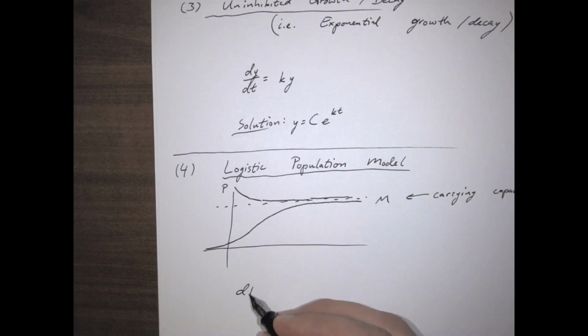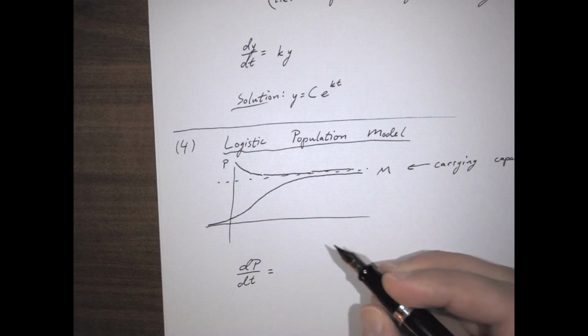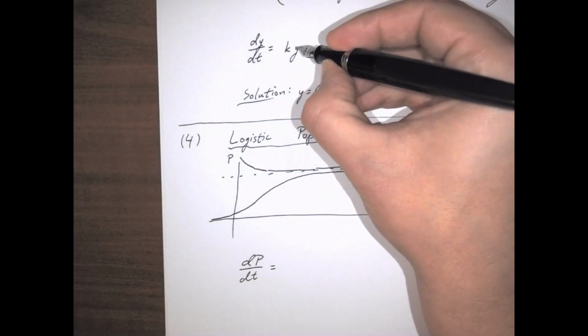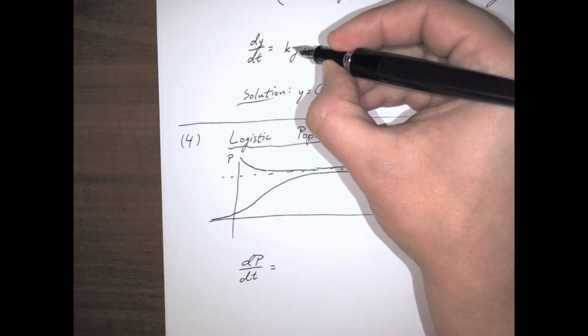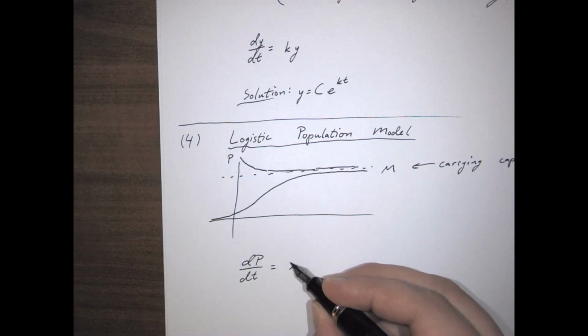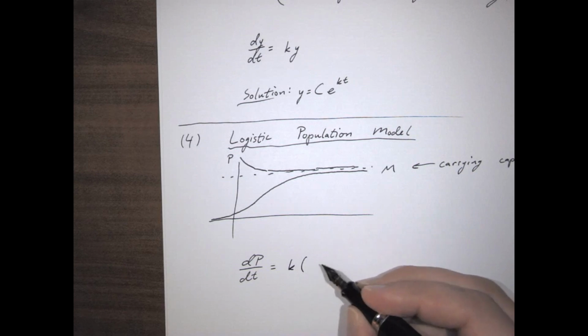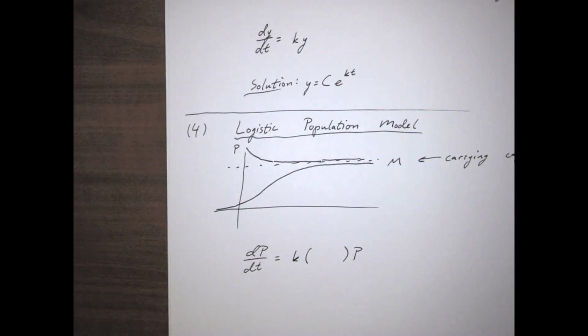Now, the differential equation for this looks along these lines. dP/dt is equal to, and if we think about this as our template here, we want something that's a lot like this when y is very small, or in this case P is very small, but less and less like it as P gets closer and closer to M. So we have k, and before the P we'll have an extra little factor, something that will be close to 1 when the population is small.